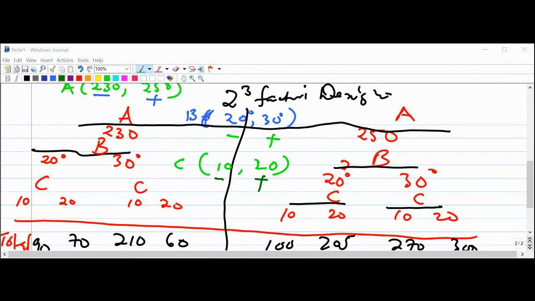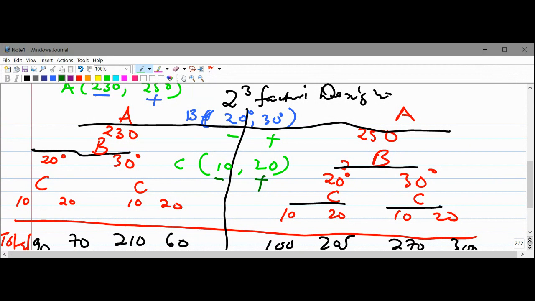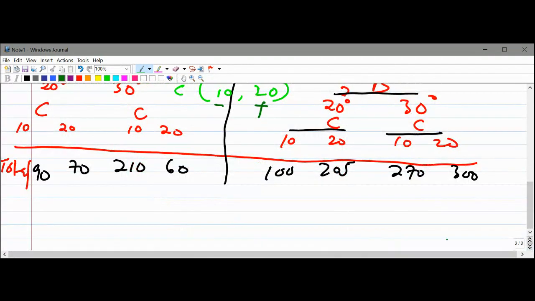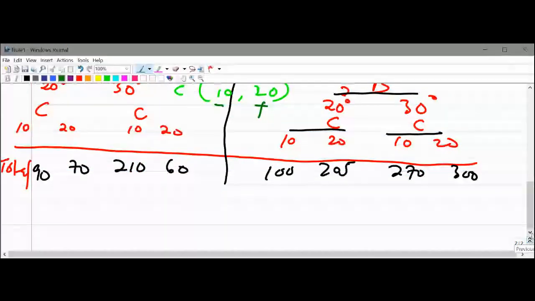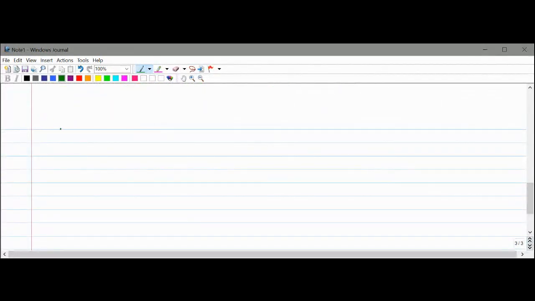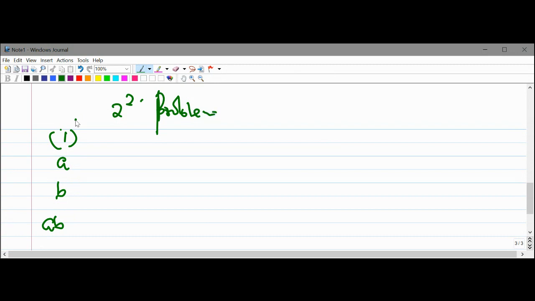As I've indicated, order matters. Order is very, very important. So here's the case, and then I'll ask you to apply whatever I'm going to say to the morning question. We have this information, guys: the neutral, A, B, AB. For a 2 to the power 2 problem, it's a must that the order should be like this.